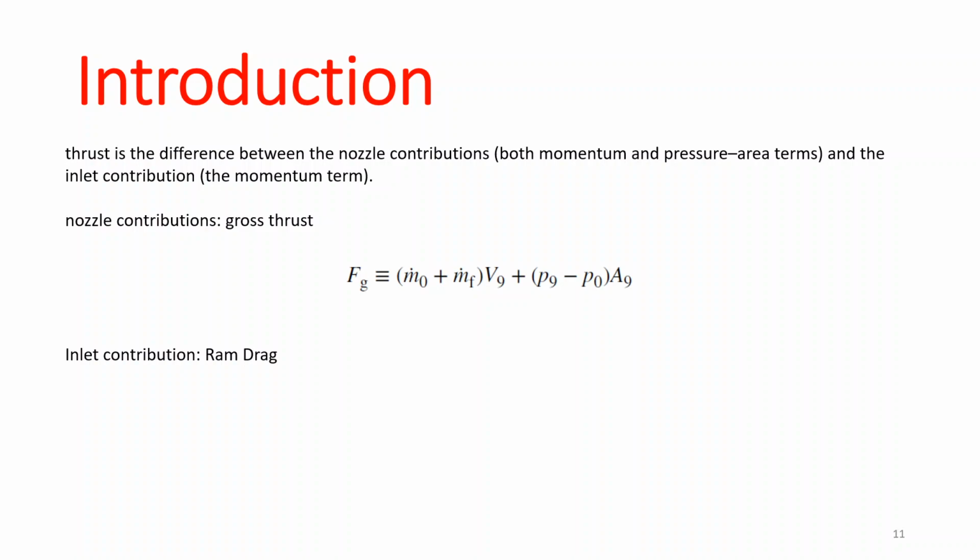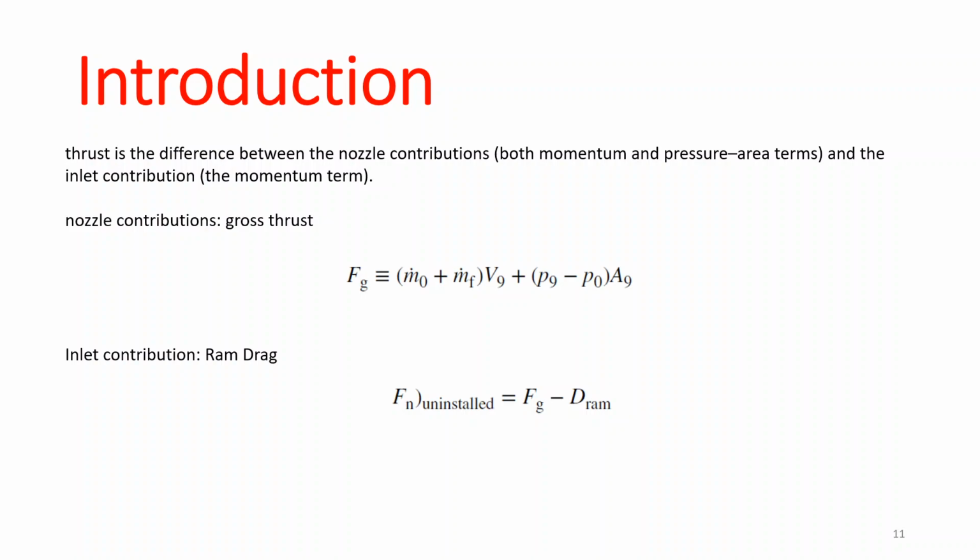And the inlet contribution, as we have seen, is called the ram drag. We already know how to calculate ram drag. We have seen the equation before. So eventually, we can find the thrust as the gross thrust minus the ram drag.